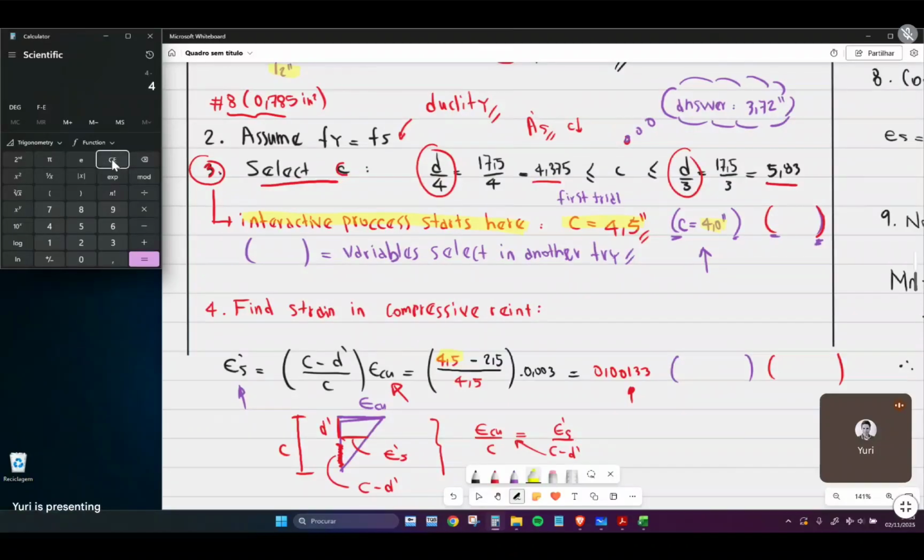The next value is 0.001125. Of course, it has to be smaller because we're selecting a smaller value of c.